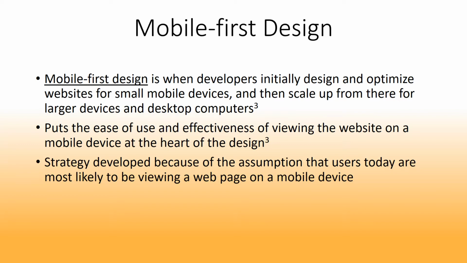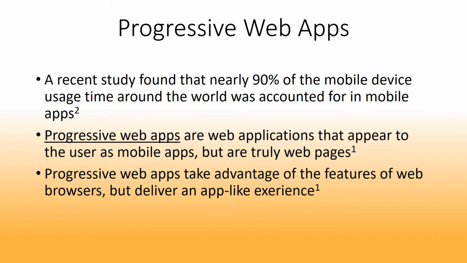Progressive web applications. This one was actually new to me. So a recent study found that nearly 90% of the mobile device usage in time around the world was accounted for in mobile apps rather than, for example, a web browser on a mobile device.